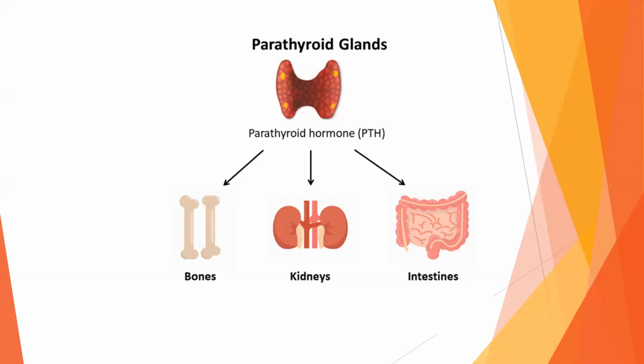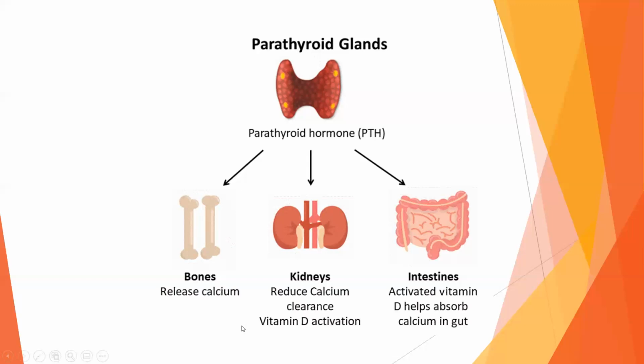If the blood calcium ion level is too high, calcitonin from the thyroid gland would be in effect. If it's too low, parathyroid hormone works with your bones, kidneys, and intestine to raise the blood calcium level. Thank you very much for your participation.